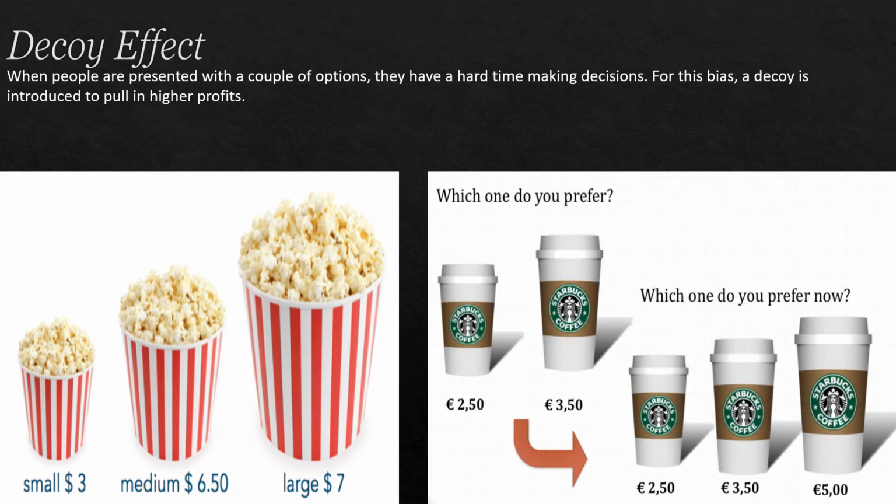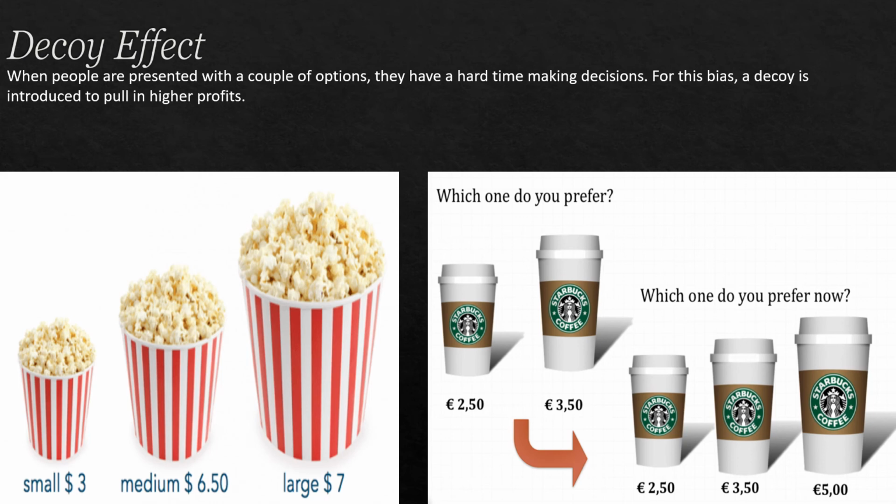So for example, you have a Starbucks example here, where if Starbucks ends up selling their coffee in just two cups, a small and a medium size, most of the people would go with the small one, or some of them would go with the medium one as they require, and the profits pulled in by the company will not be that great.